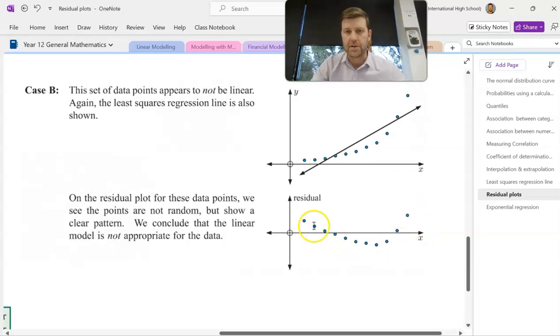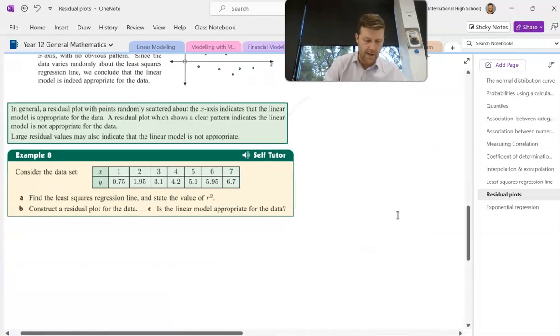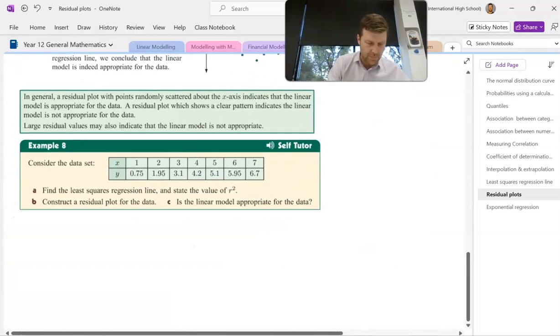If there is a clear pattern, then it tells us that a linear model is not appropriate. In this case, something like an exponential model is more appropriate to model this set of data. So let's go and look at an example and talk about that in the context of that example.